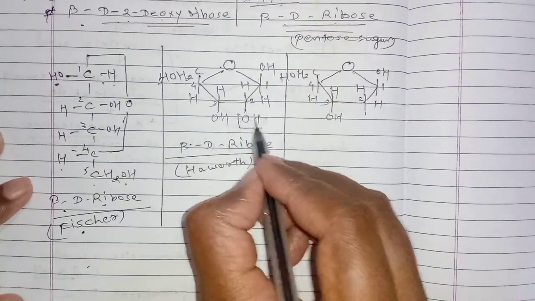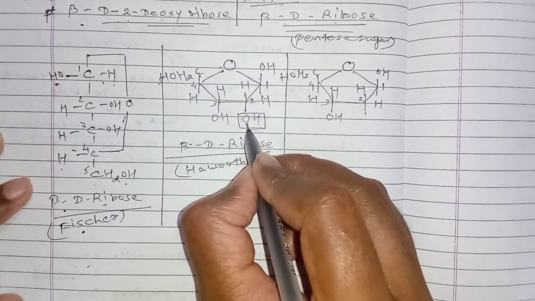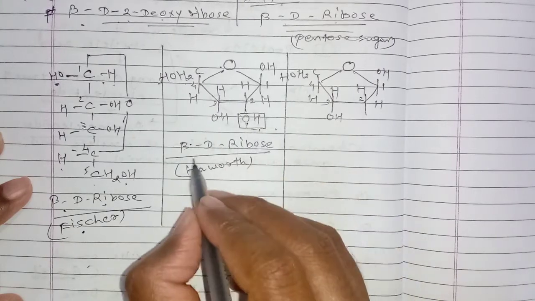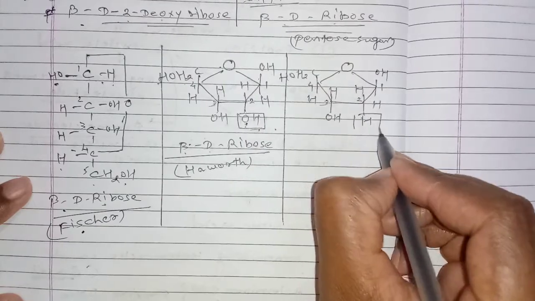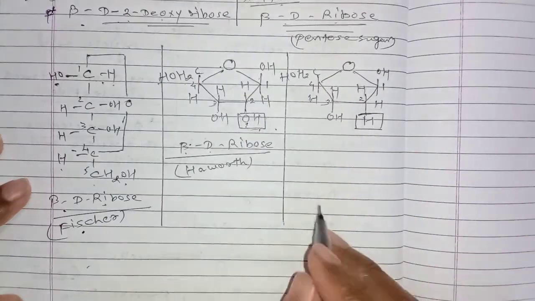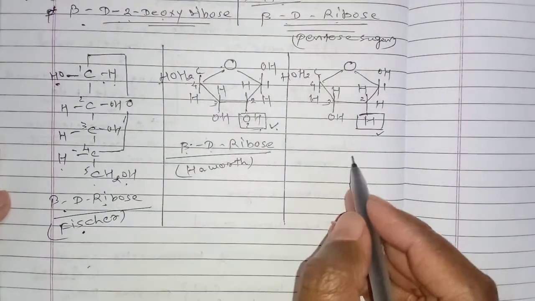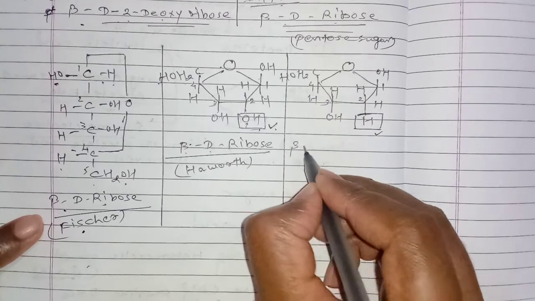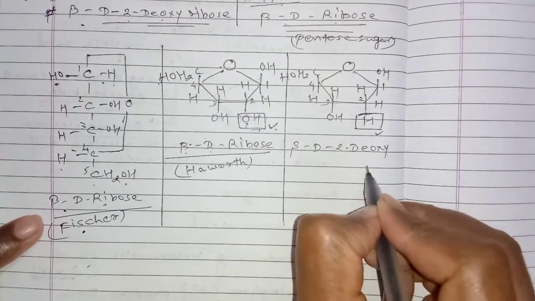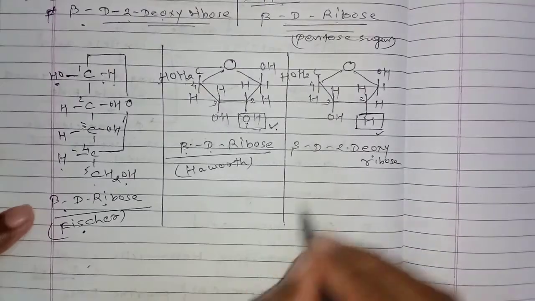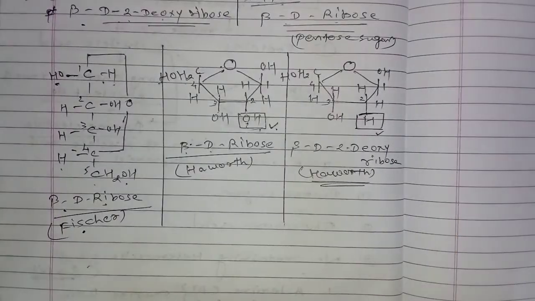Here the only difference is that the oxygen atom is removed from the beta D ribose, and only the hydrogen atom is present. This is the basic difference between the two structures. This is beta D 2 deoxy ribose, in Haworth projection.